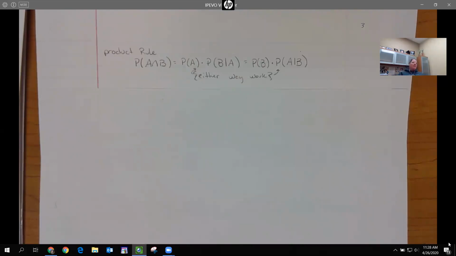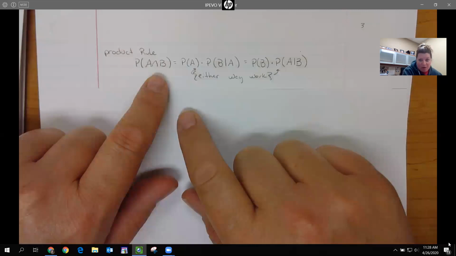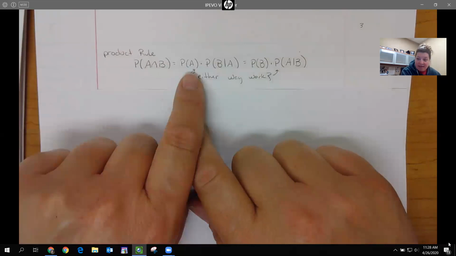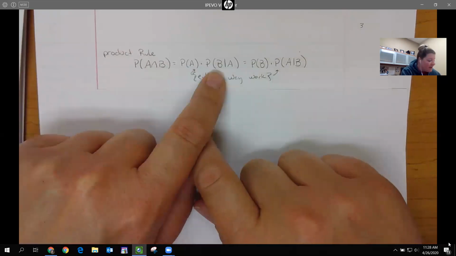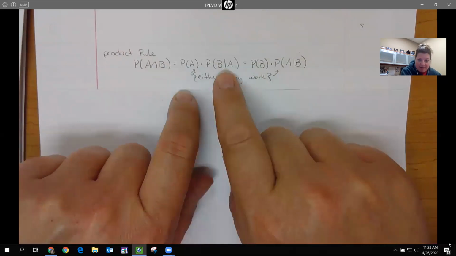So here's another one that we can use, this idea of the product rule. If we are asking the probability of an intersection, we can find that by the probability of the first one times the probability of the second one given the first one.